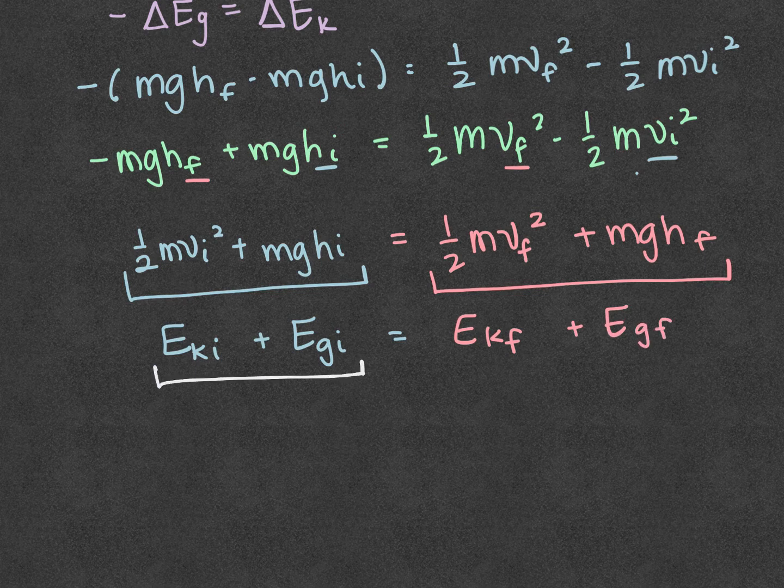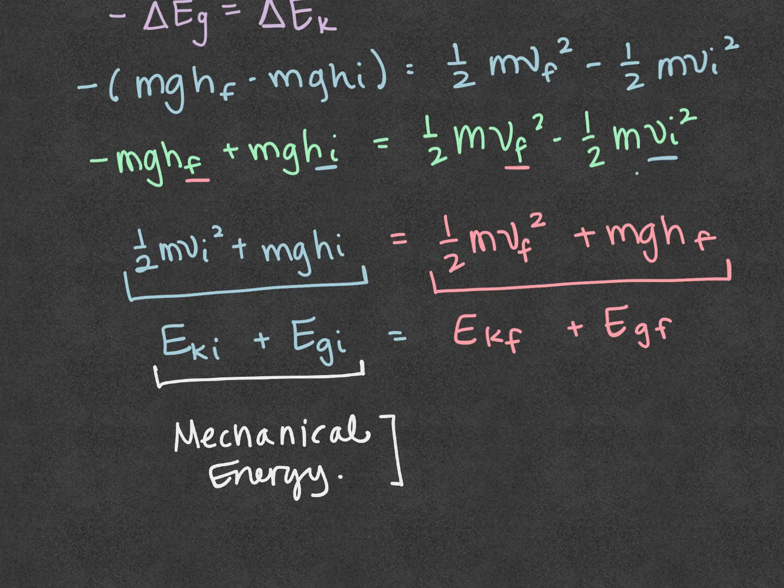Kinetic energy and gravitational energy together are known as mechanical energy. Mechanical energy is defined as the energy stored that you can see. I like to think about it as I can see the object has energy.